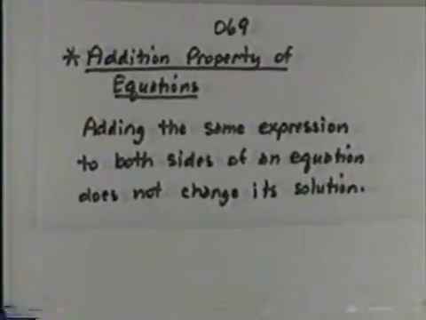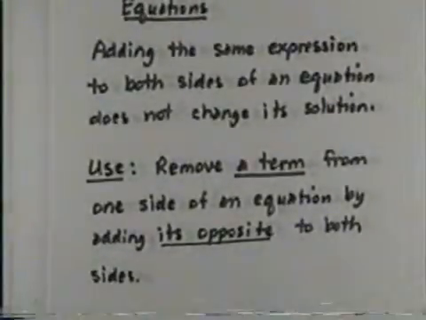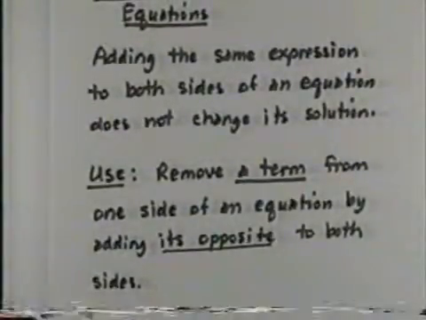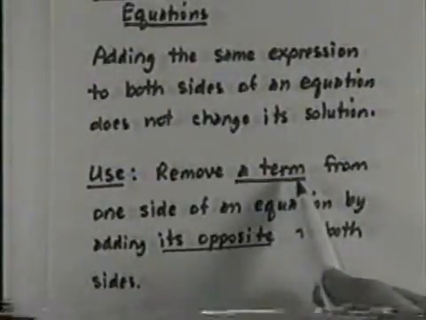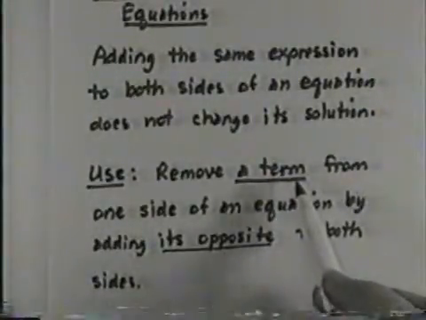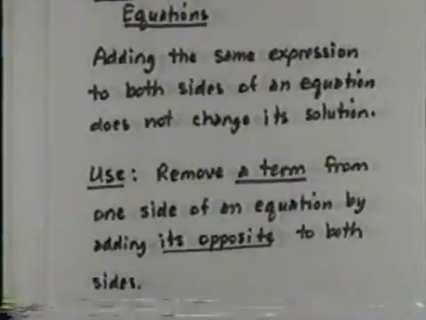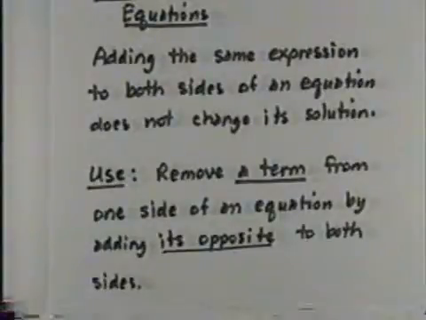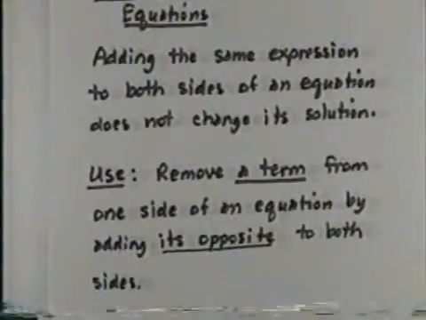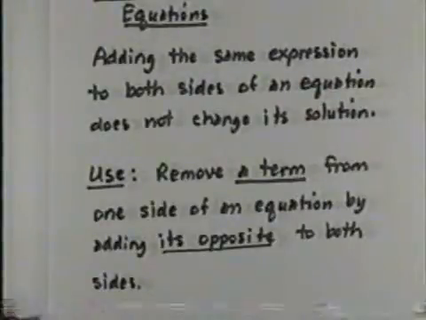We use this in the following way. We remove a term. Remember, a term is something being added. Remove a term from one side of an equation by adding its opposite to both sides. The addition property is used to remove a term from one side of an equation.